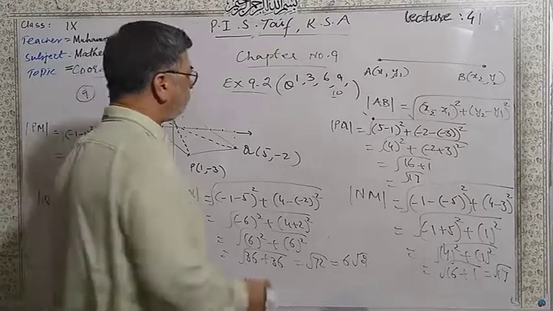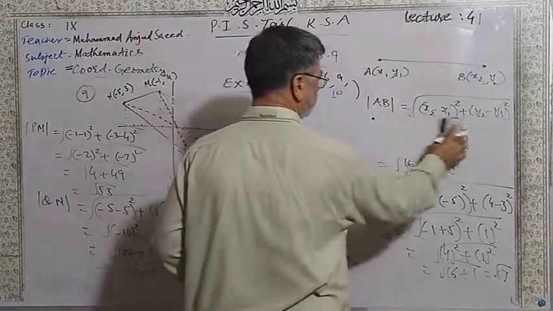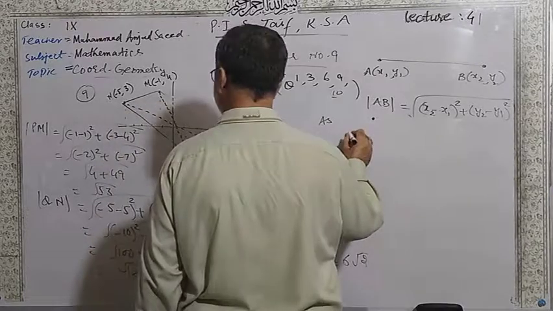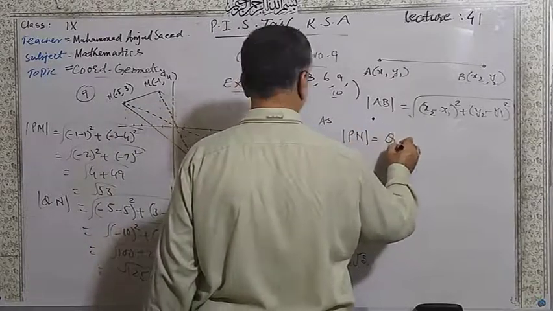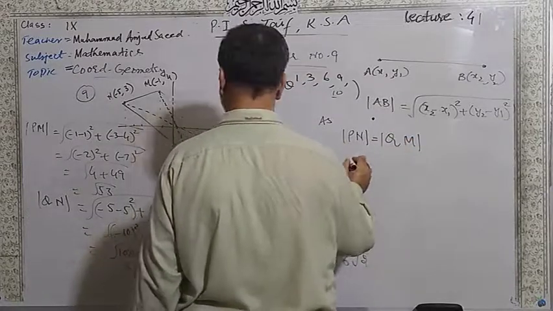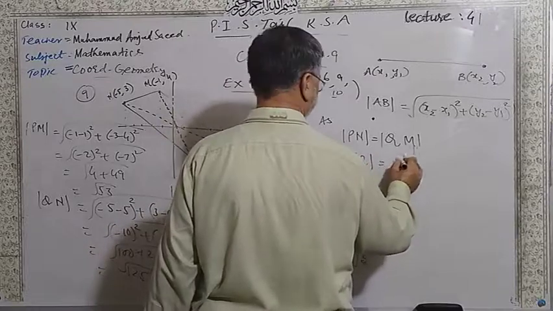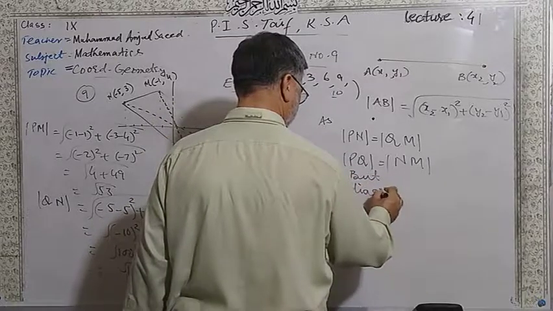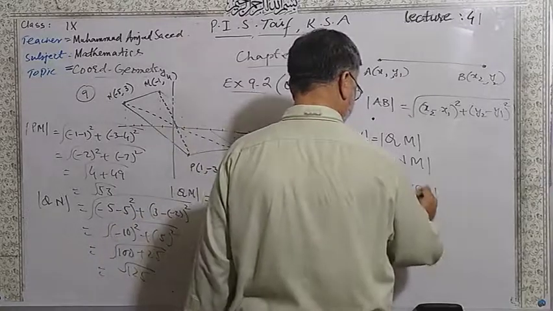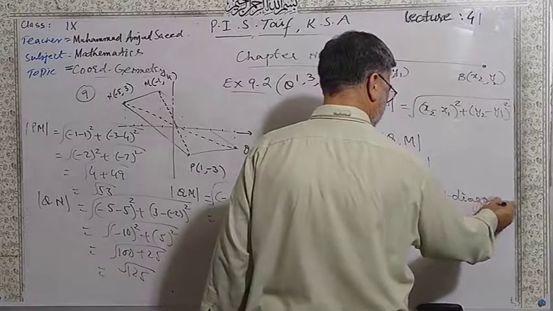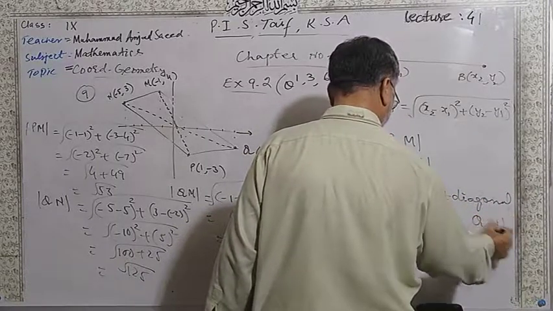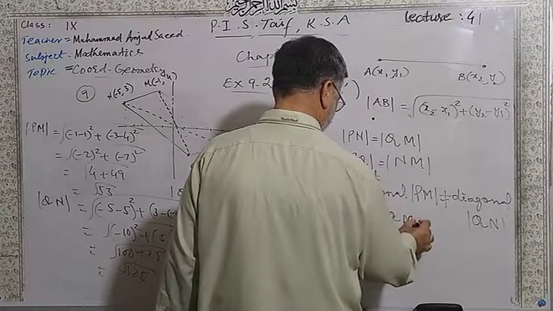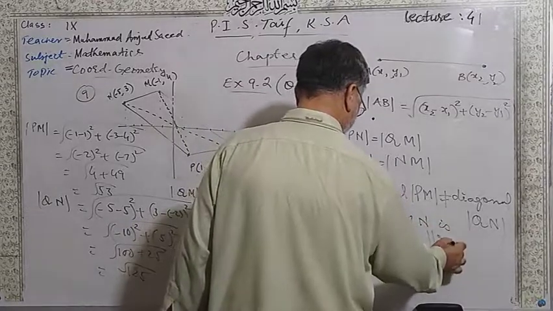Now we conclude our answer. Here we have the conclusion. As NP is equal to MQ, PQ is equal to NM, but diagonal PM is not equal to diagonal QN, therefore PQMN is a parallelogram.